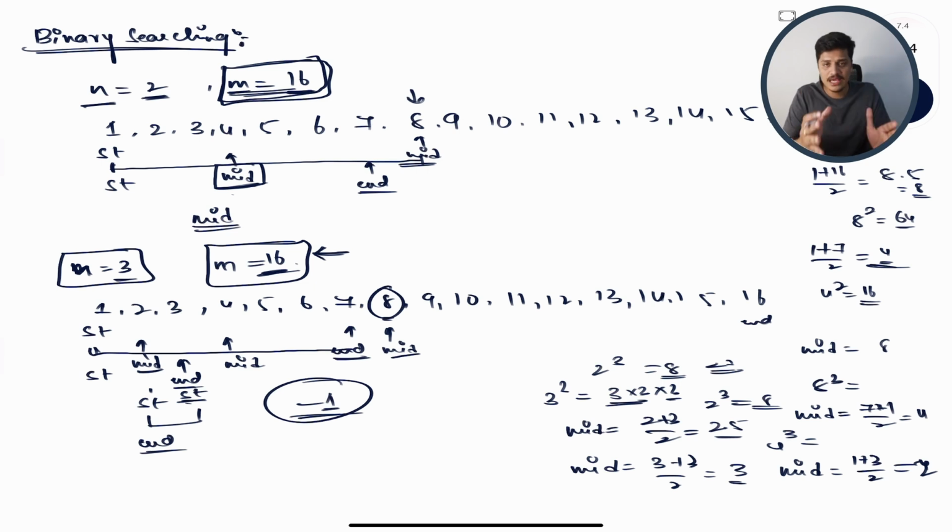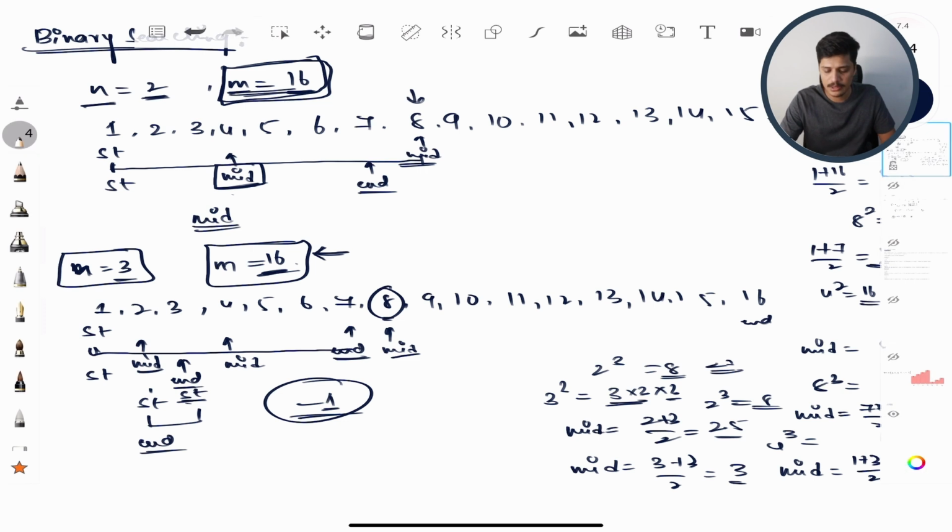Otherwise, based on the nature of the value, we will search either the right part or the left part of the search range. Here the search range is either from middle plus 1 index to end, or start to middle -1 index. Okay, so that is the binary searching technique for finding the nth root of a given number.